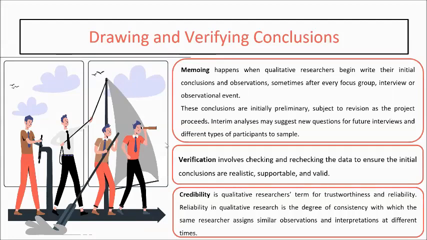Those are the ways we draw and verify conclusions. It is not acceptable, for example, if I conducted a research and I myself made up the participants' answers. That is not reliable because the answers did not really come from the participants.